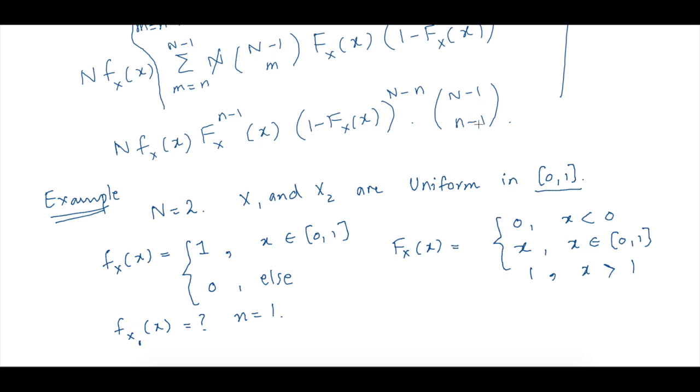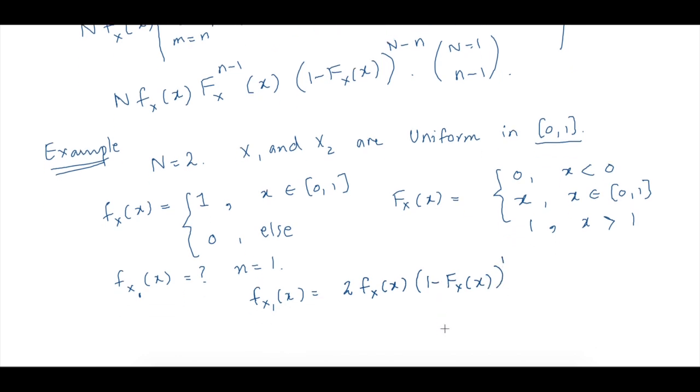So then f of X_(1) is equal to 2 times f of x, and then (1 minus F(x))^(2 minus 1), so this is 1 minus F(x).